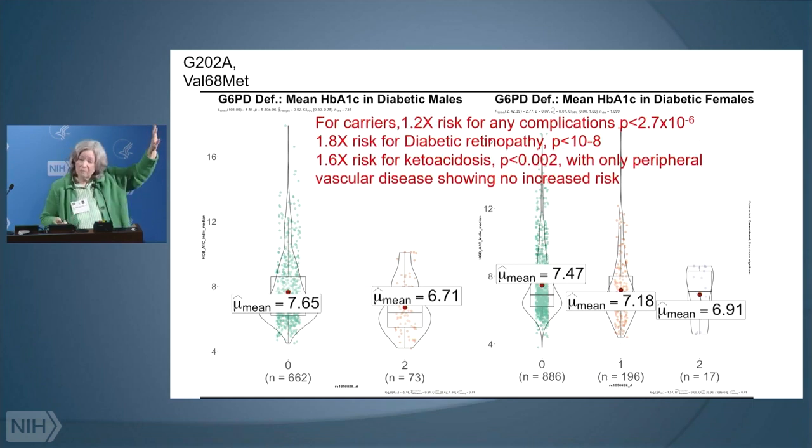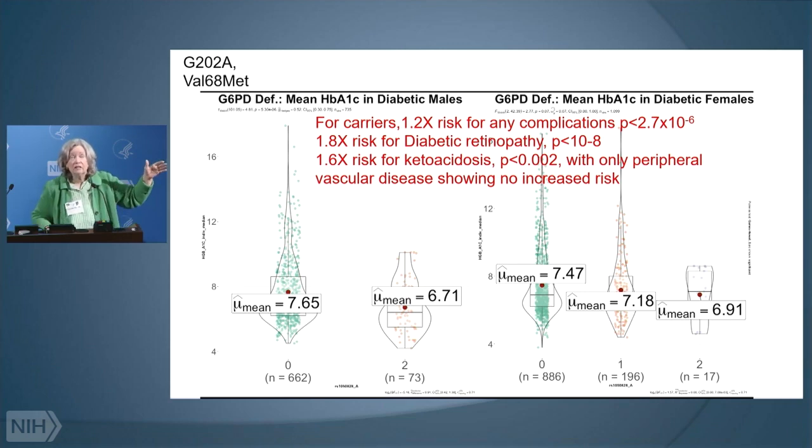This means in our biobank, on average, carriers of G6PD alleles have a 1.2-fold increased risk in any diabetic complication, which is highly significant. It's a particularly serious thing for diabetic retinopathy, which is one of the sentinel complications in diabetes.